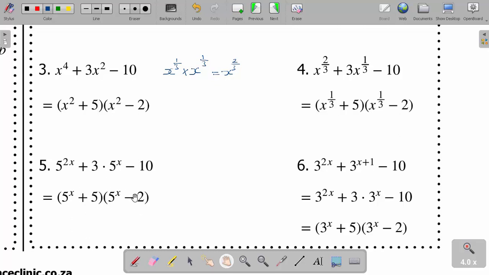So this is another way of factorizing. And then lastly we have 3^(2x) + 3^(x+1) - 10. In this case, 3^(2x) is the same as saying 3^x times 3^x. Are we together? Again, I still have positive 3, so I still have the same factors of positive 5 and negative 2.